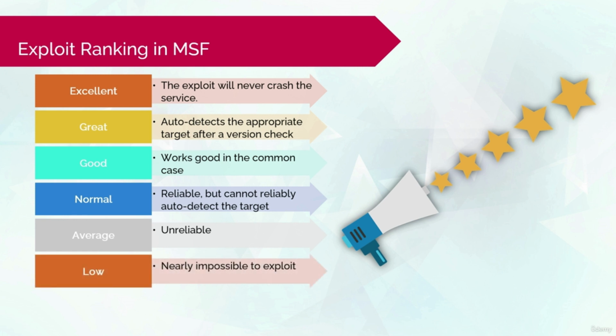Low. The exploit is nearly impossible to exploit, or I'd say under a 50% success rate for common platforms. Manual. The exploit is unstable or difficult to exploit and is basically a DOS. So this ranking is also used when the module has no use unless specifically configured by the user.